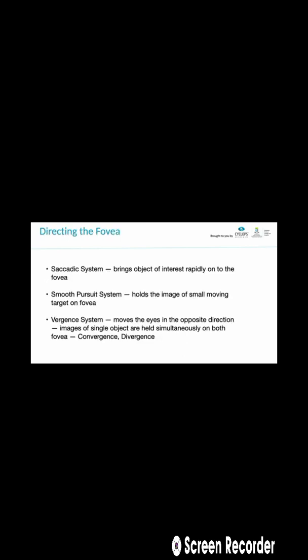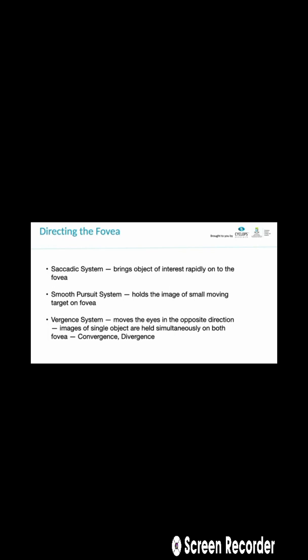The second set of eye movements hold the images of targets steady on the fovea. These are the fixation system, the vestibular system, and the optokinetic system. The first set of movements directs the fovea onto the object, whereas the second set of systems will hold the image of the target steady on the fovea.